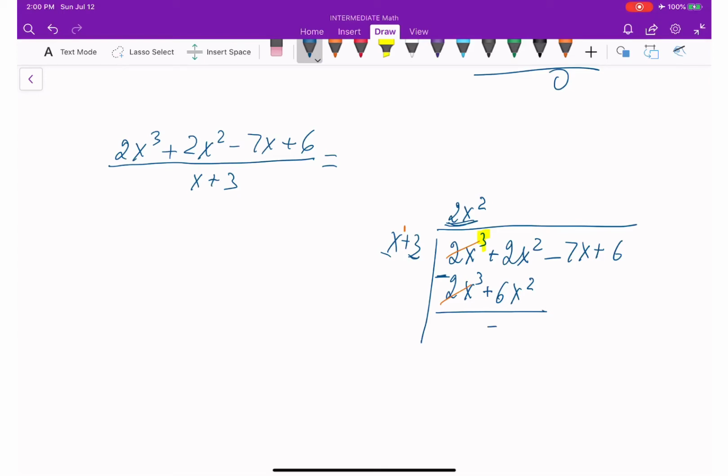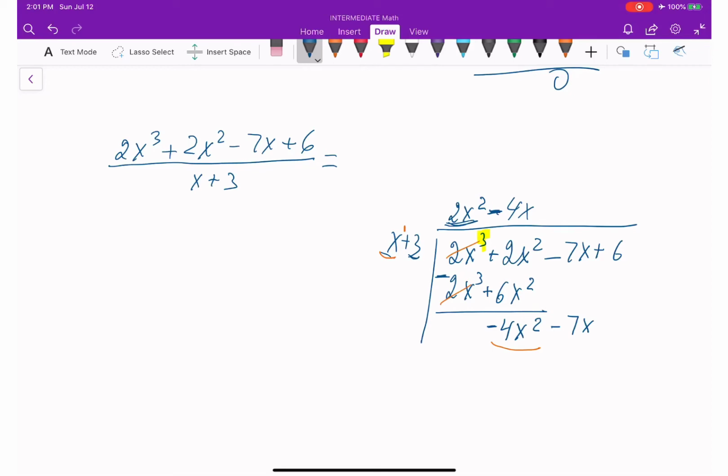So that will be negative 4x squared. Next, bringing down negative 7x. So we take negative 4x squared and divide by x. That will be how many times? It's going to be negative 4x.